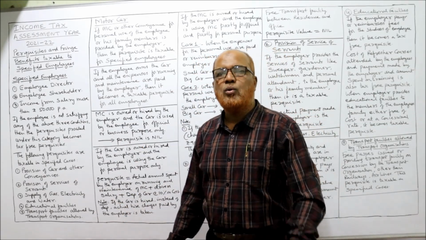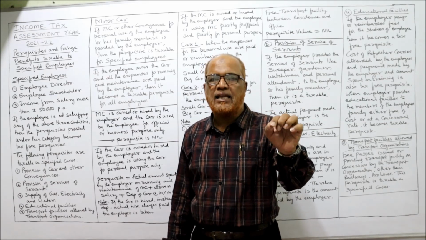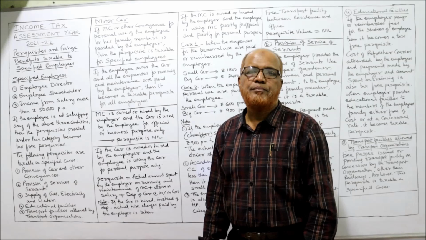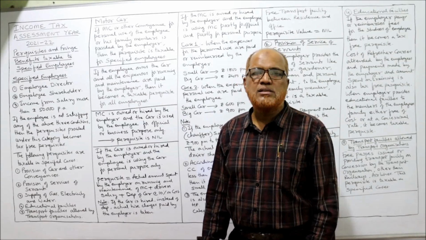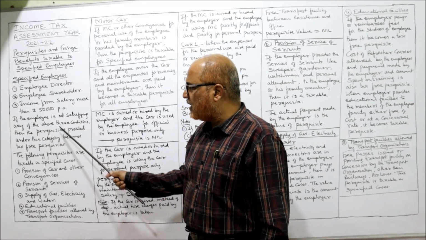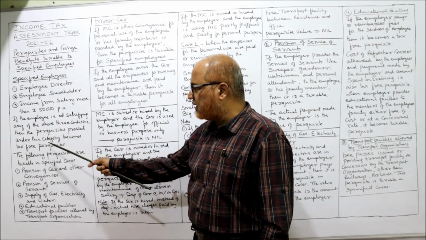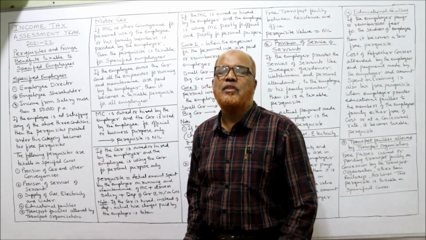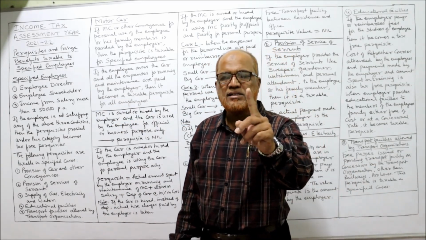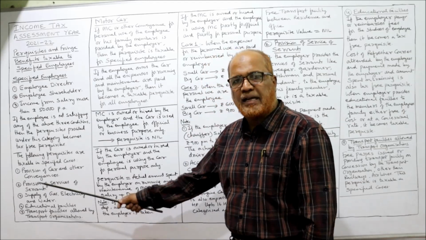Thirdly, any employee whose income from salary is more than 50,000 per annum is again called a specified employee. Now, if the employee is not satisfying any of the above 3 conditions, then the perquisites provided under this category become tax-free, not taxable. If any one of the conditions is satisfied, then specified employee, taxable.